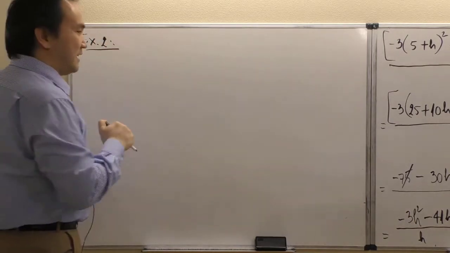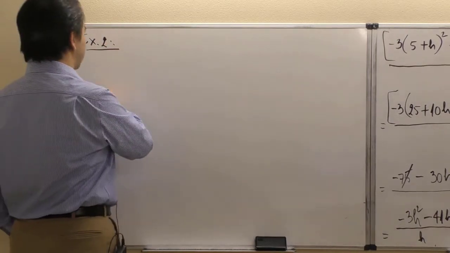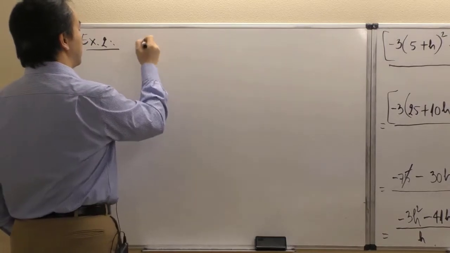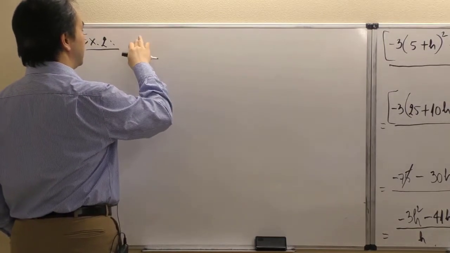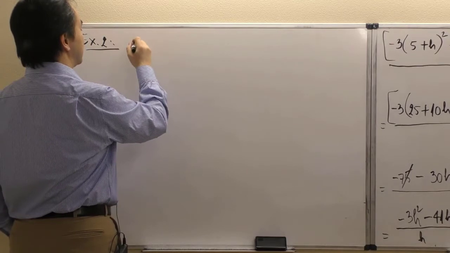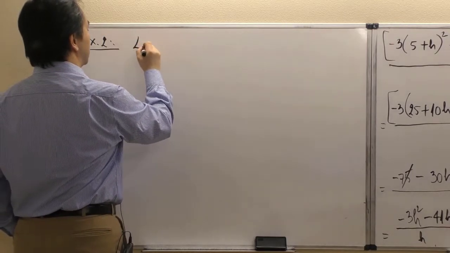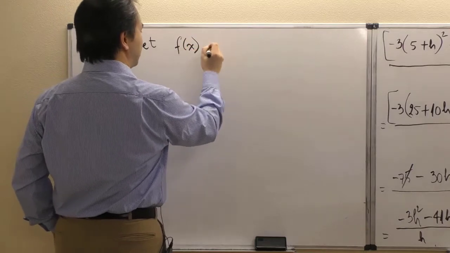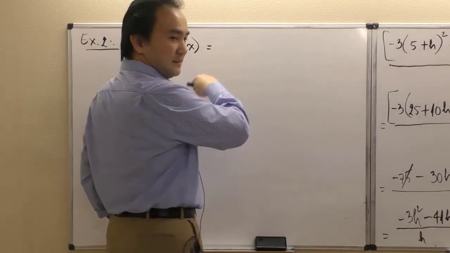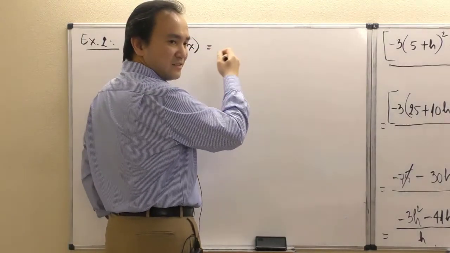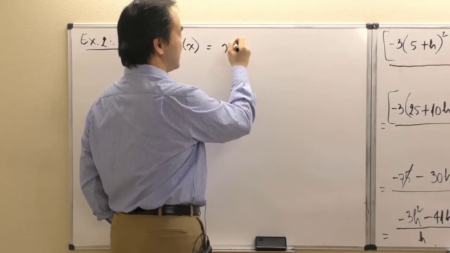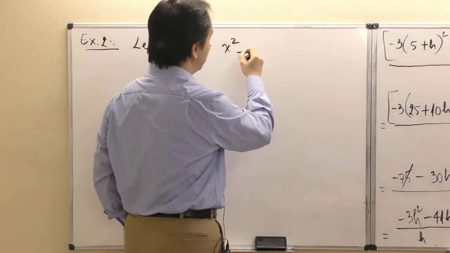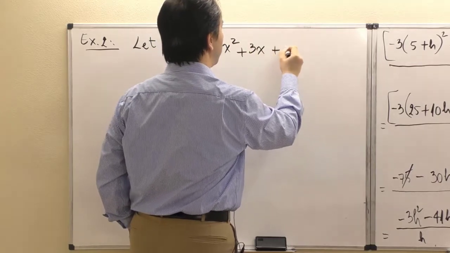Okay, and I'm going to start out with a given function. So we're going to have our function f of x be given to be x squared plus 3x plus 2.